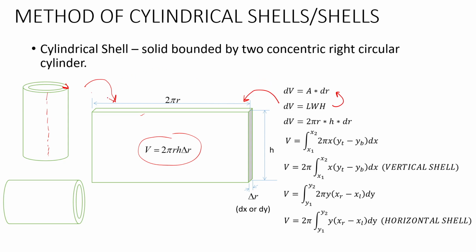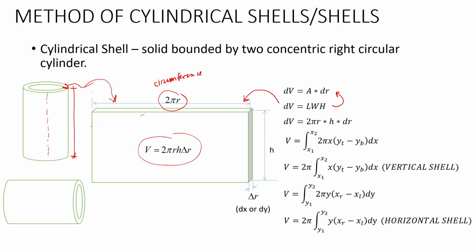So the length is again coming from the top portion of the cylinder. If we open it up, the length is measured as 2 pi r, which is the circumference of the circle. If we refer to the cylinder, it's the circumference. And then the height, of course, this is the height.